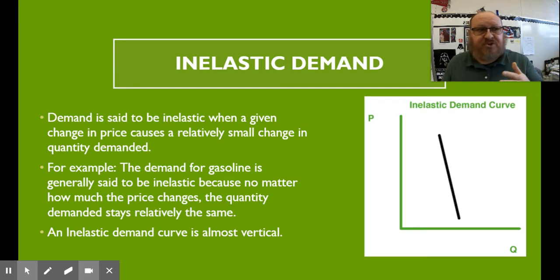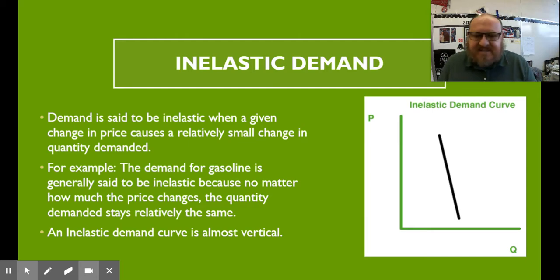If you have to commute to work every day, your demand for gasoline doesn't change unless you can find someone to carpool with. Then your demand will change some, but not a whole lot. Even if prices get close to $4 a gallon here in California, the demand remains relatively the same.